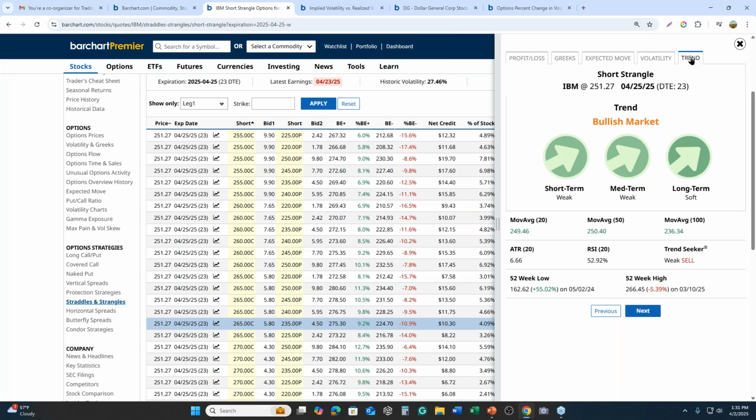Just 2 days ago, the short term was down, the intermediate was down, and the long was up. And actually this morning, the short was up, the medium was down, and the long was up. When they're flipping around like that, this is kind of indicating that the market is probably in screaming consolidation prior to earnings.